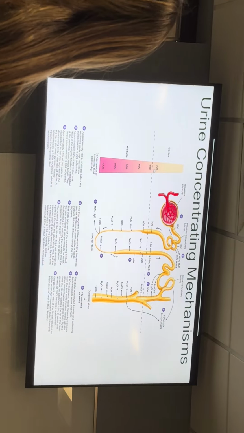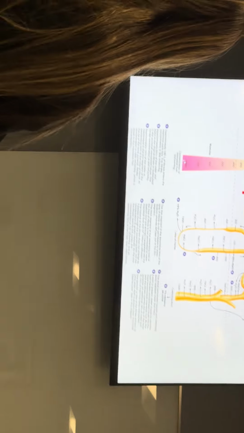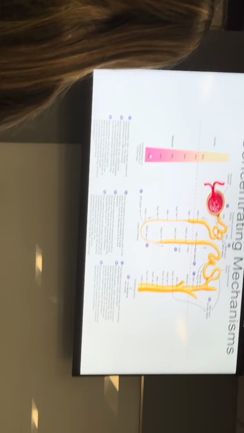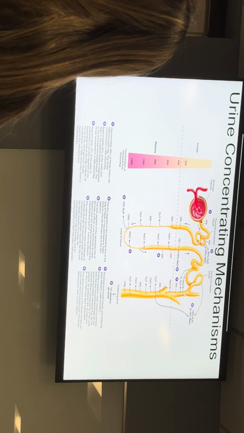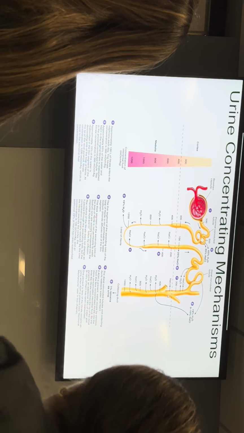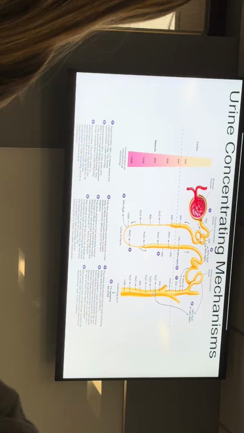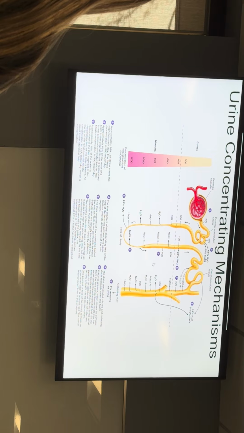And then the top of the medullary pyramid is equally salted to the rest of the body at 300, and it quadruples up to 1200 at the apex of the medullary pyramid. Then we can either let your urine go out as is, or we can reabsorb salt and or water back into your blood supply.